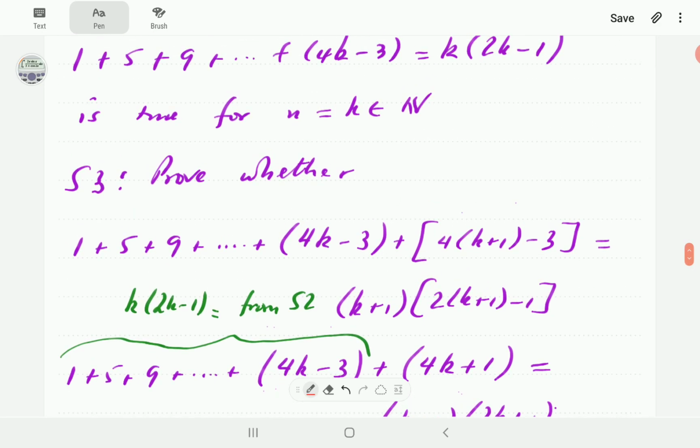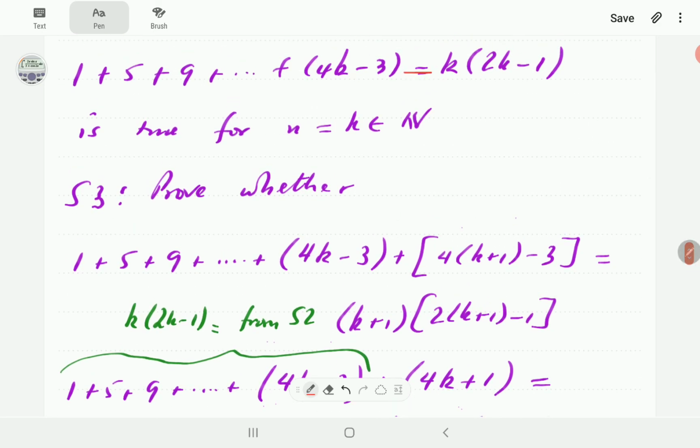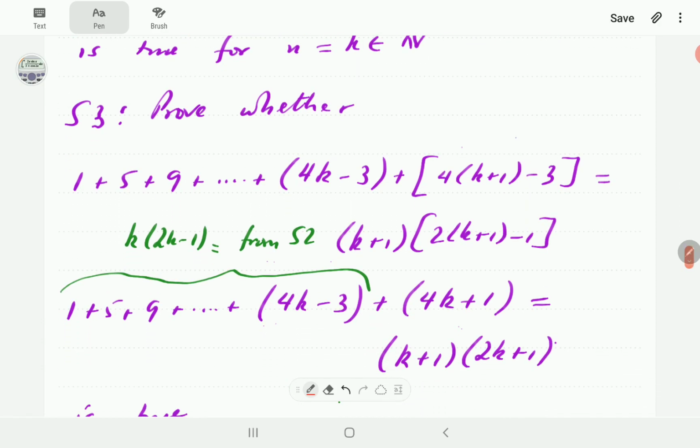Now we're going to add one more term after this one. To get the next term, where there was k, we plug in k plus 1. Same thing here, where there was k, plug in k plus 1.